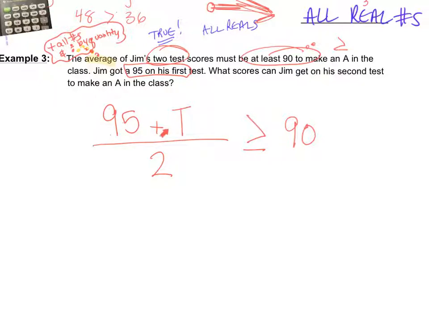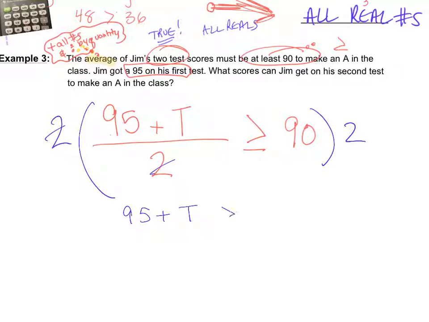Order of operations. If you knew what it was, you would add and then divide. So to undo, you're going to multiply by 2 on both sides. And that's going to give you 95 plus your test score is greater than or equal to 180. And then we're going to subtract 95. And you're going to get that the test has to be greater than or equal to, and 180 minus 95 is 85.